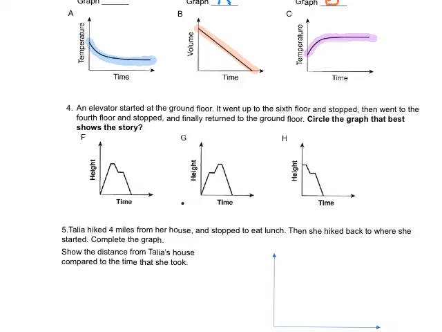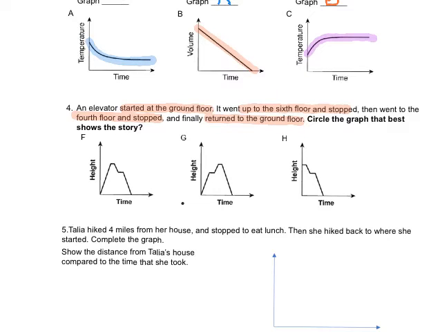Next we have number 4. In this problem, we're circling the graph that best illustrates the story. So let's read the story thinking about what it's illustrating. An elevator starts at the ground floor. It went up to the 6th floor and stopped, then went to the 4th floor and stopped, and finally returned to the ground floor.